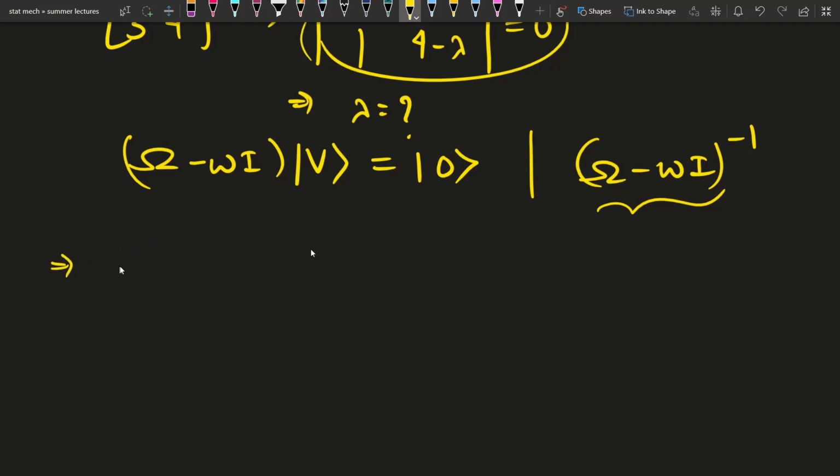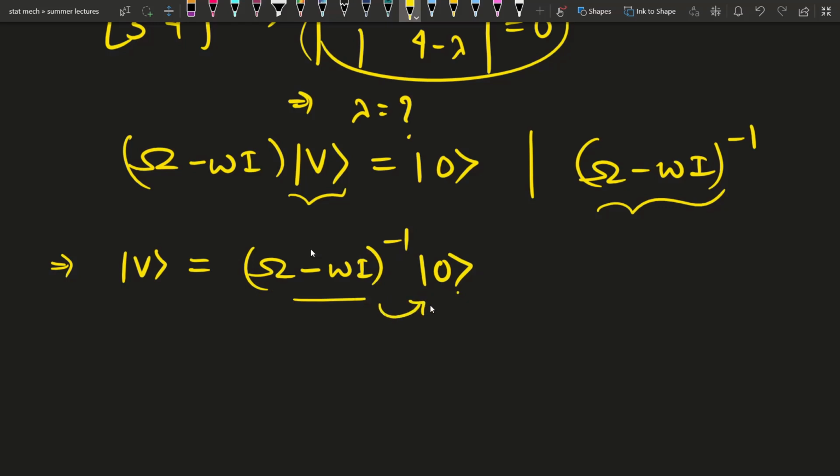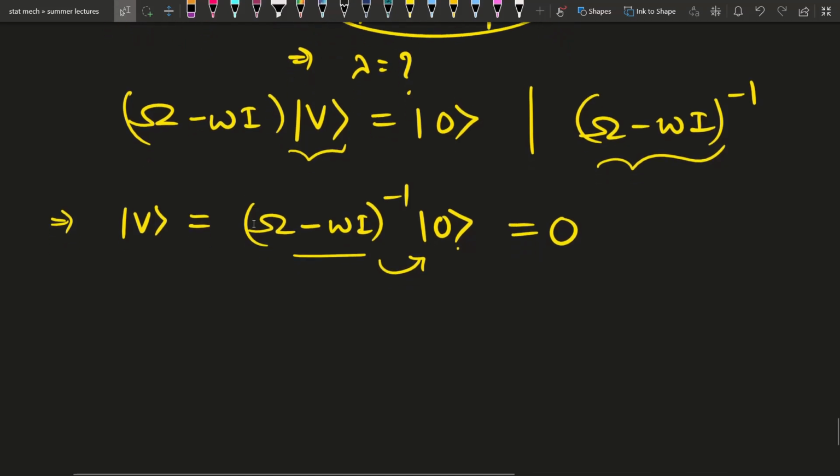Then you will get just the eigenvector back, and on the right hand side you will get omega minus omega I whole inverse acting on 0. Now any operator acting on a null ket will always give 0, right? You can think of it in terms of matrices also.